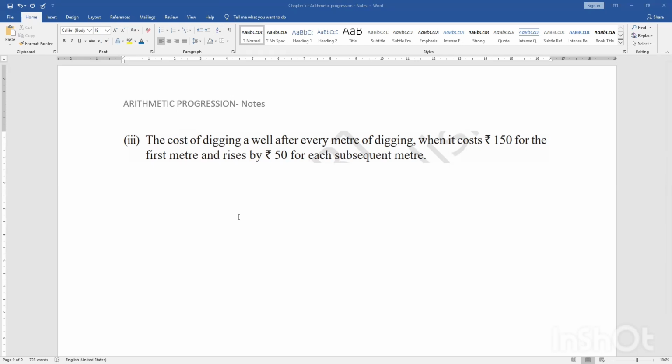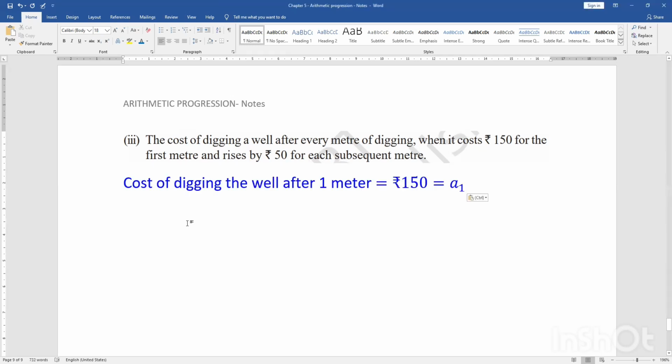So let us write the sentence for this. The first sentence is, cost of digging the well after 1 meter equals rupees 150. I take it as A1. And the next, cost of digging the well after 2 meters. So when I say after 2 meters, what will happen here?